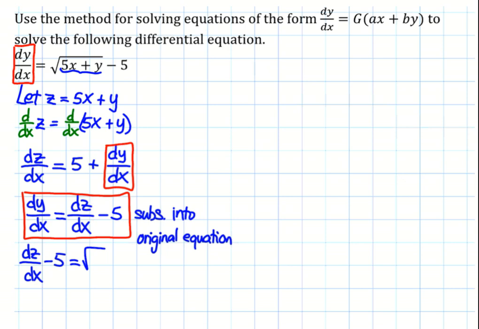Now 5x plus y, we did let that equal to z, so we use square root of z instead of 5x plus y, and minus 5.